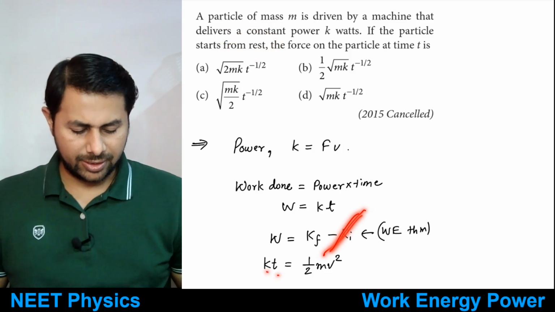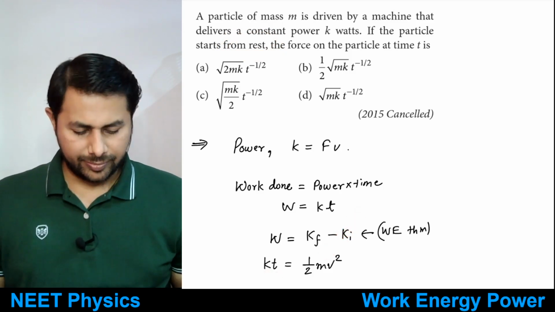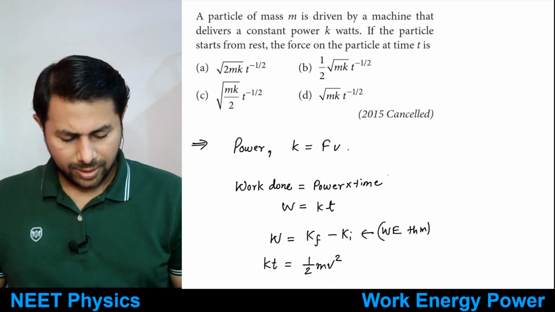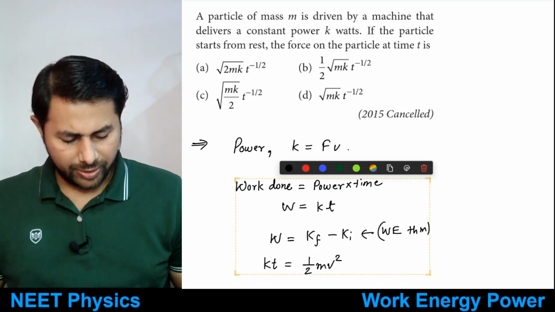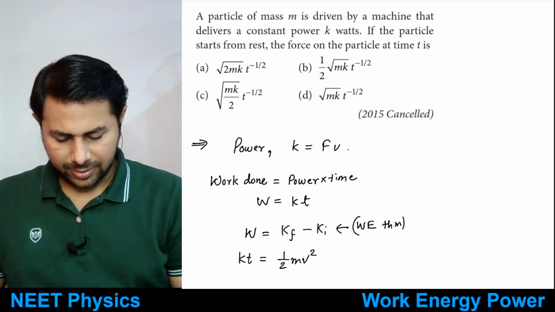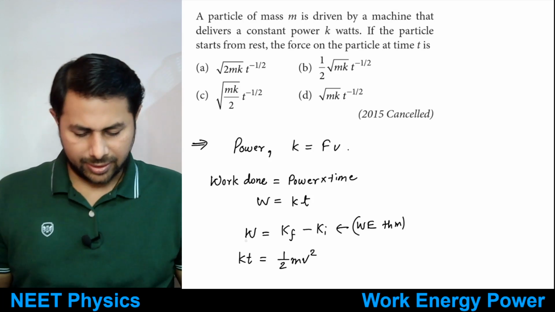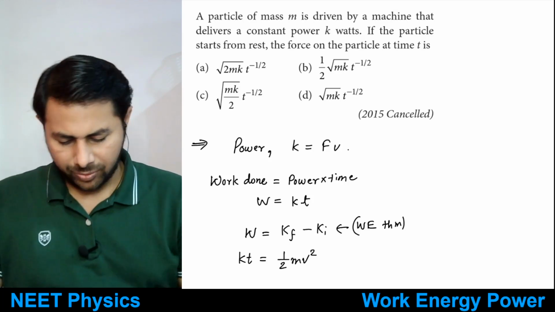So kt is just equal to half of mv square, and from there we can find out the velocity. t is there in all of the options. We can find out velocity from here.